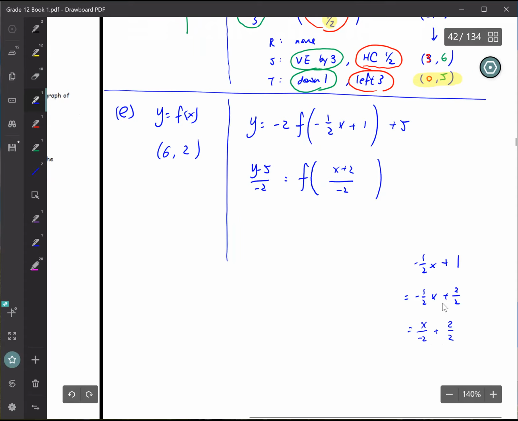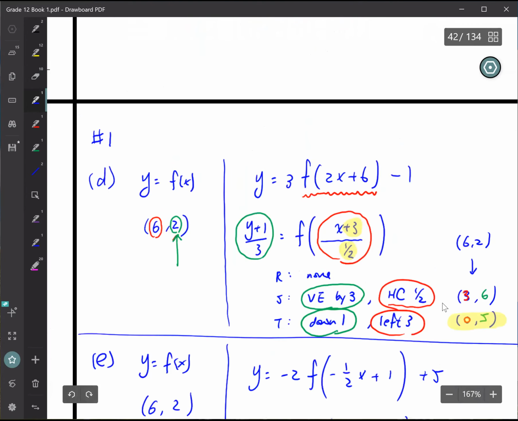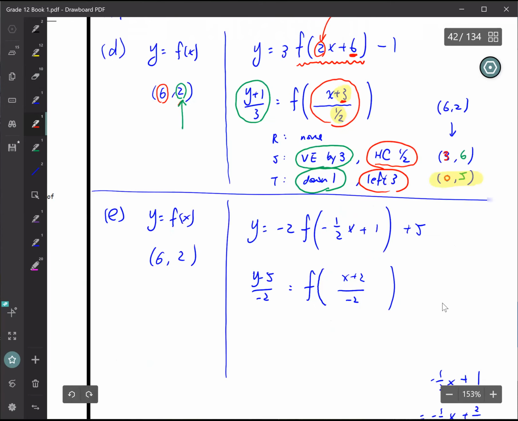So the way I would do this one, think about how we did the previous question. There's a 2 in front. So what we need to do is to factor. If there's ever a number before the x, you need to factor out the 2. Factor means you divide. Divide by 2. So that's why the 6 becomes the 3, 6 divided by 2. So you would divide by whatever is in front of the x. So for example, this one, we'll do it slowly.